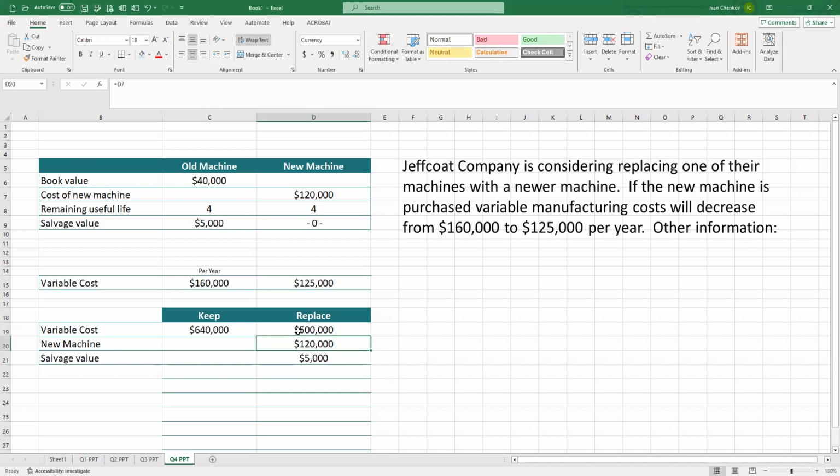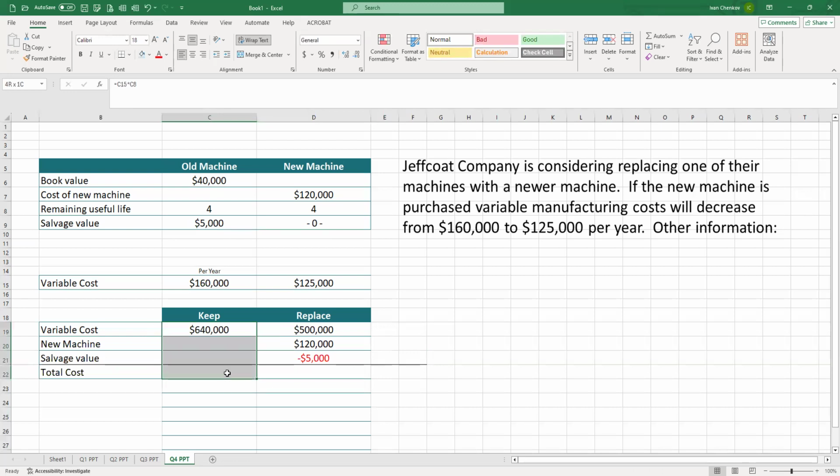So that will be my variable cost, that will be the new machine, and that will be the salvage value. But the salvage value is going to reduce my cost, right? So the total cost, let's put it this way.